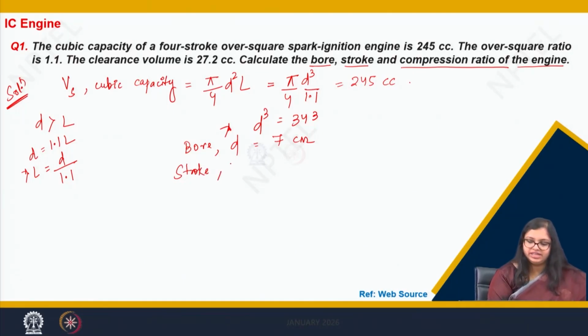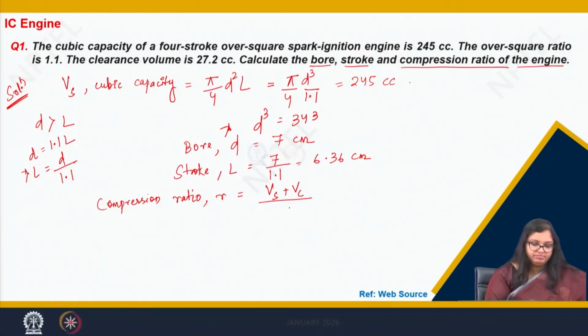my stroke length L is equal to 7 divided by 1.1, which is equal to 6.36 centimeter, and the compression ratio R is equal to Vs plus Vc by Vc, which is equal to 245 plus 27.2.